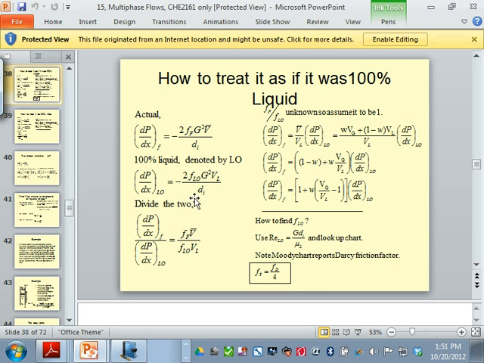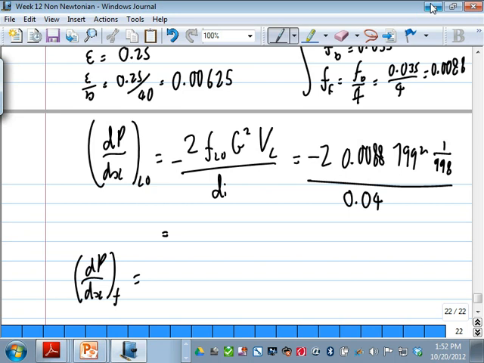We are doing this one here. What's the answer? 281.5, negative.